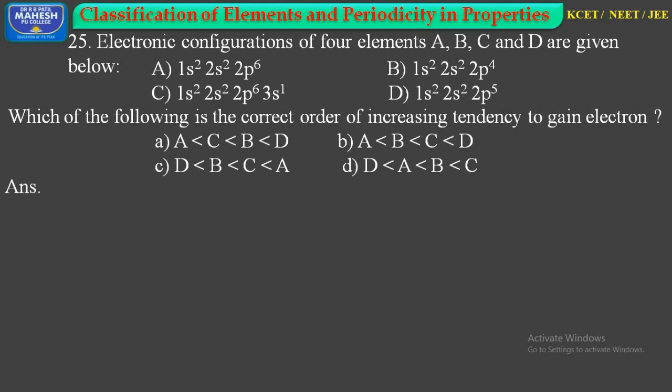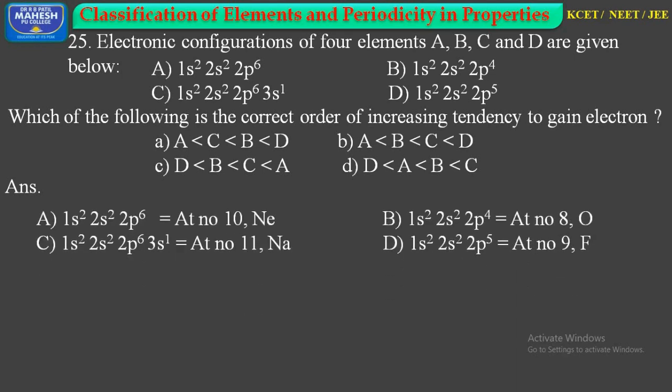Students, let us first consider element A with the configuration 1s2, 2s2, 2p6. This corresponds to atomic number 10 because we have 10 electrons. So this is neon, a noble gas. Element B with the configuration 1s2, 2s2, 2p4: in total we have 8 electrons, atomic number 8, which corresponds to oxygen.